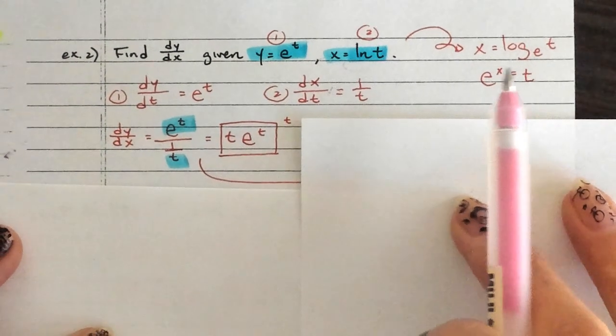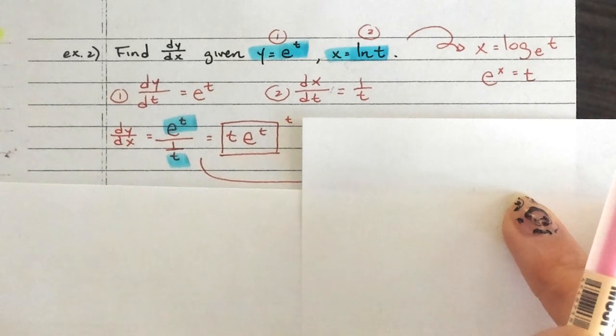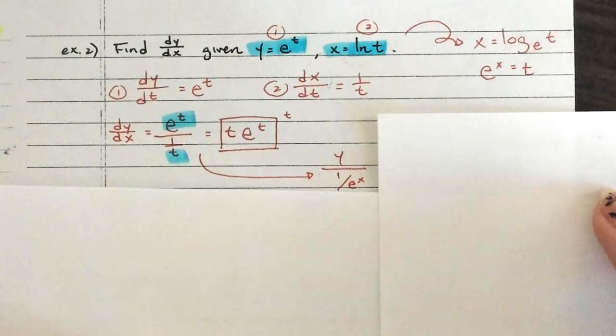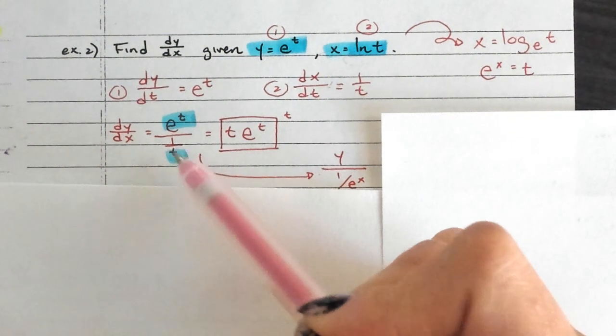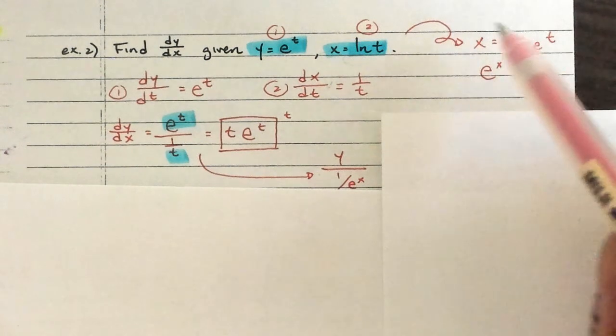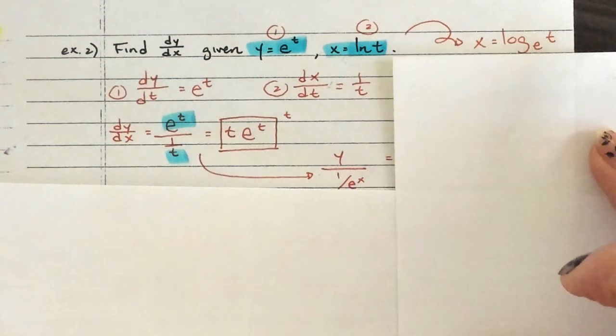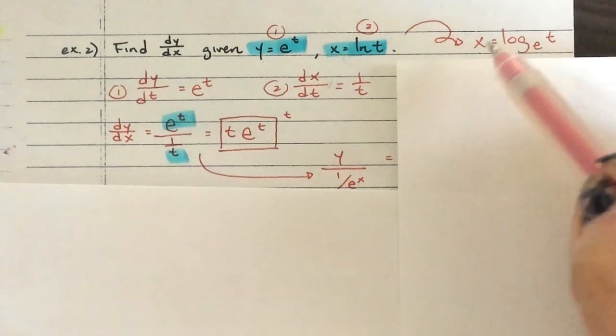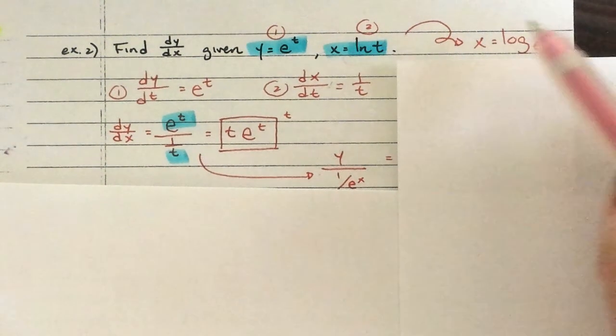But what about in terms of x and y? Okay, let's change it around a little bit. So maybe with that t, using this right here, I know x equals log base e of t. Well, if x equals that, then I should be able to change this to an exponent.